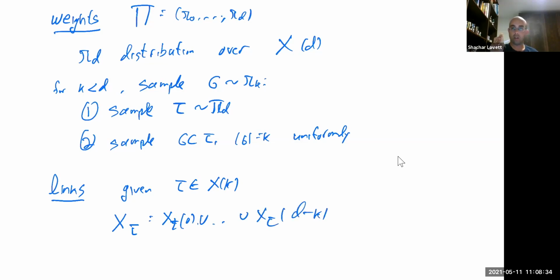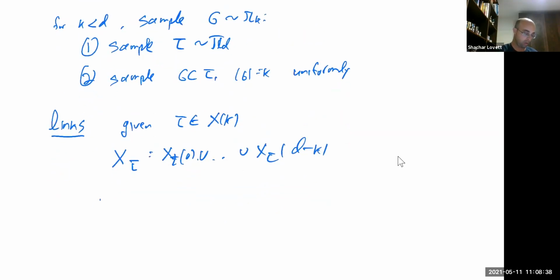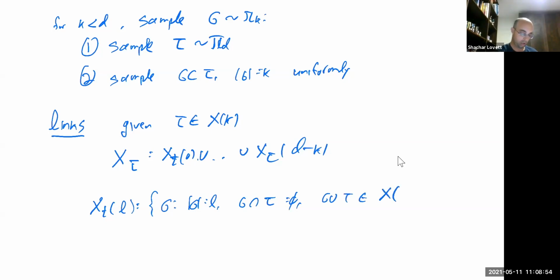So it's looking at everything that contains this specific face, and X tau L is all these sets sigma whose size is L, that are disjoint from tau, and the union is inside X k plus L.